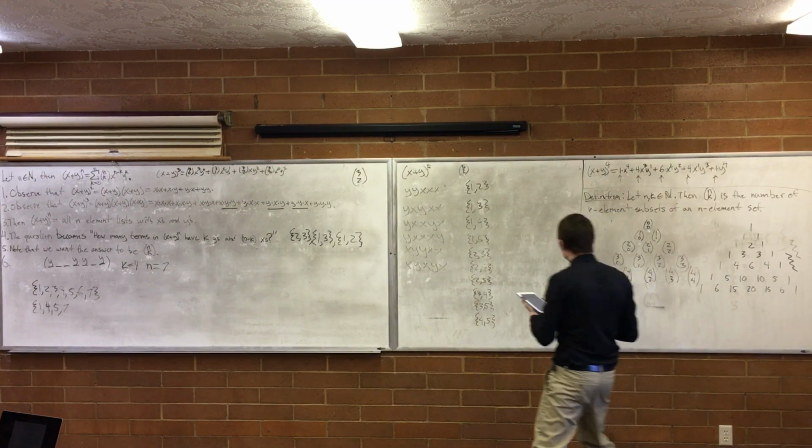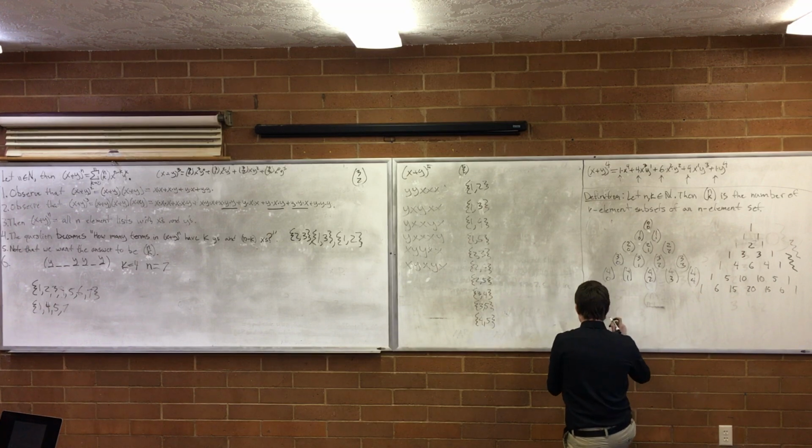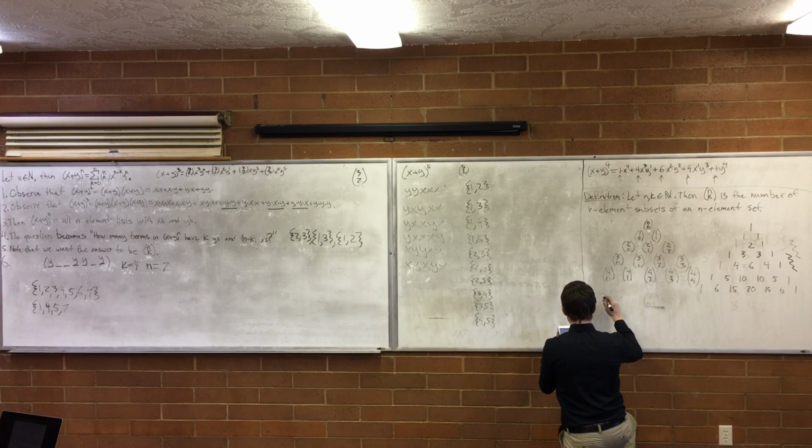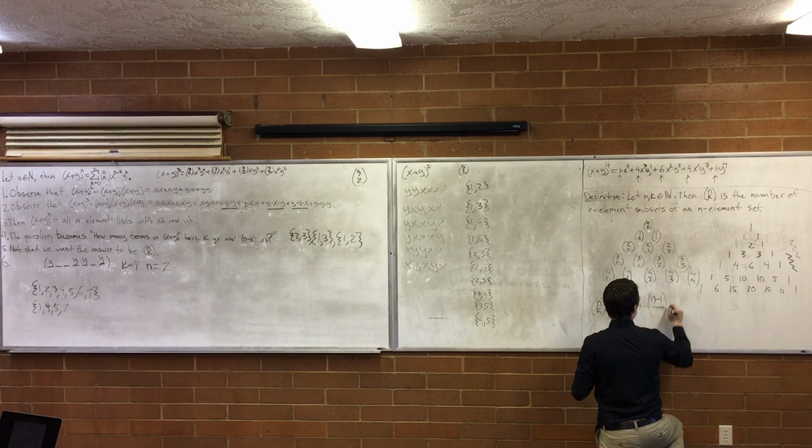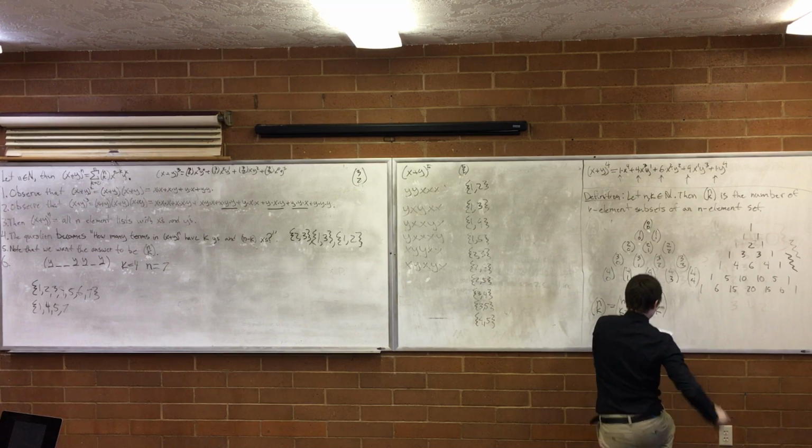So Pascal's identity in general is n choose k is equal to n minus 1 choose k minus 1 plus n minus 1 choose k.